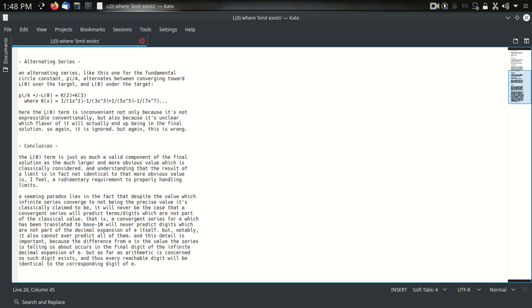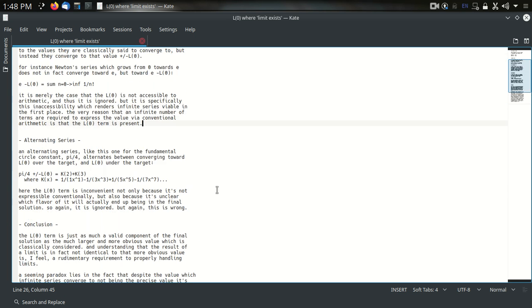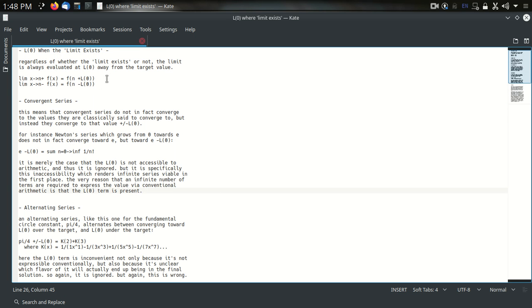There's also the consequence that because 1 on L naught is infinity, and 1 on L naught minus L naught, so just L naught less than that infinity, is now finite, there is only one infinity.